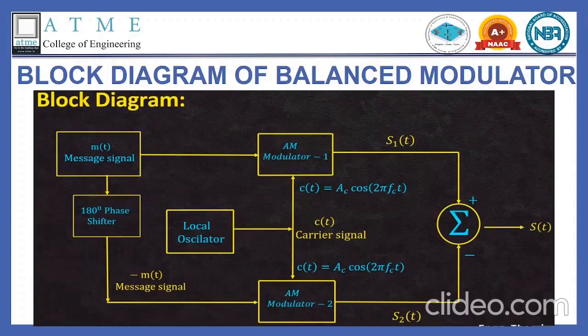So this is the basic block diagram of a balance modulator which generates a DSBSC signal. We have the message signal, a 180 degree phase shifter, and a local oscillator for generating the carrier frequency, and we have two AM modulators here.